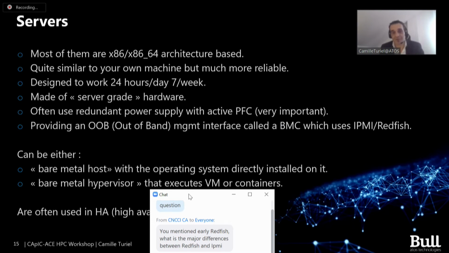It's a very modern implementation of IPMI, and it's definitely what every aspiring hardware guru should check. This is the future.